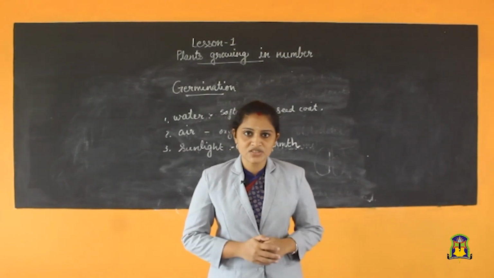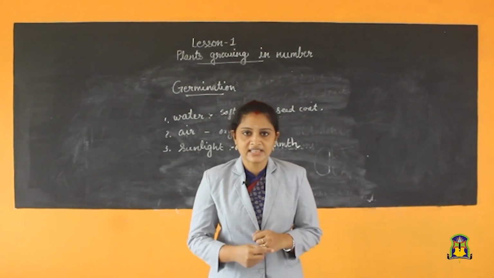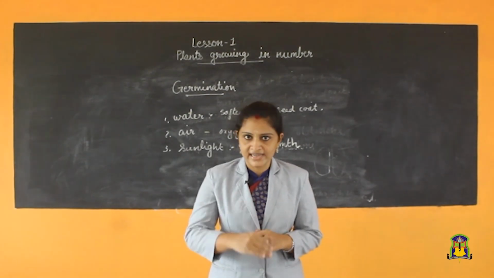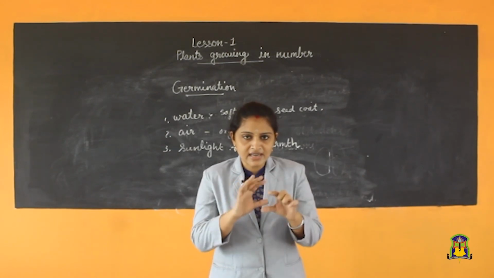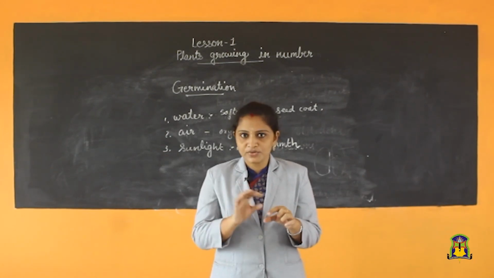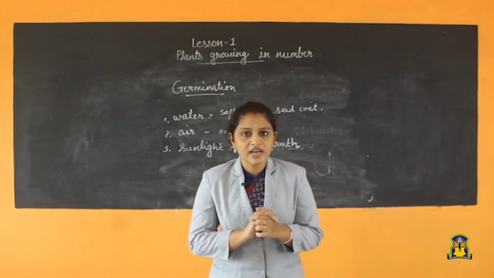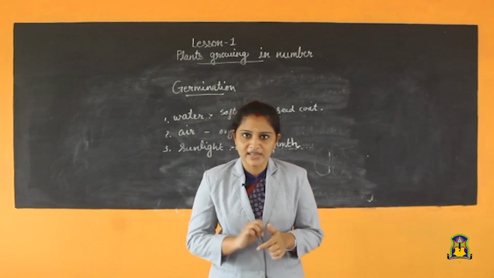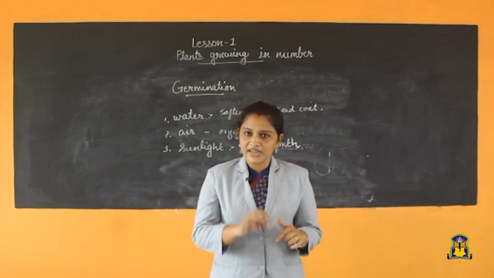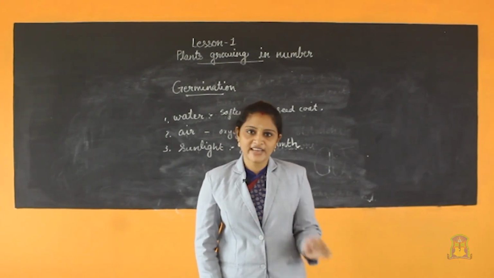And on the next page also one activity is there, that is soak bean overnight and carefully open that bean seed. We can see some changes inside that you need to draw in your notebook. Okay, then read and study these two pages properly. Study all these points. Okay, thank you.